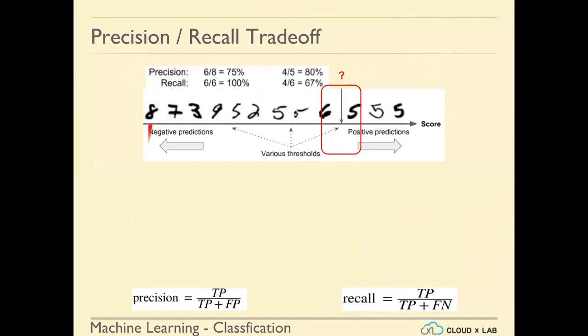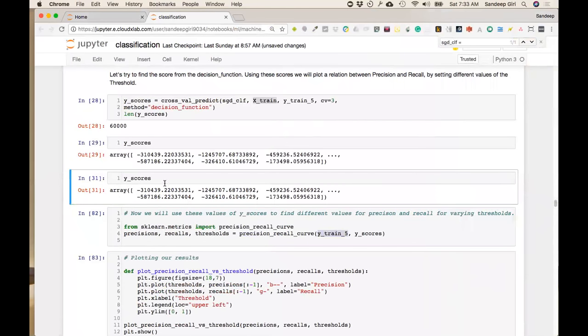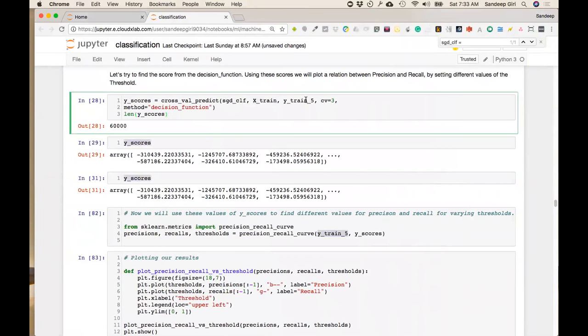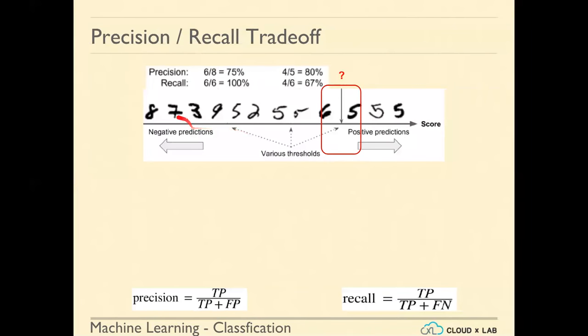So we have the scores of each of these digits. We have scores in y_scores, and we also have the name of the digits here.